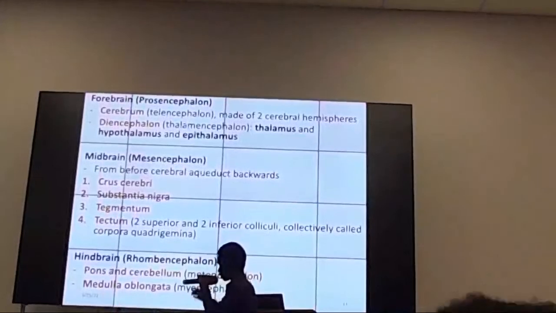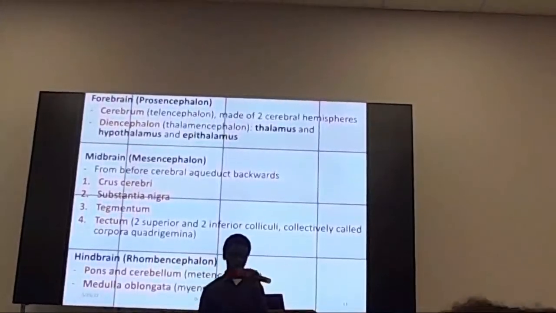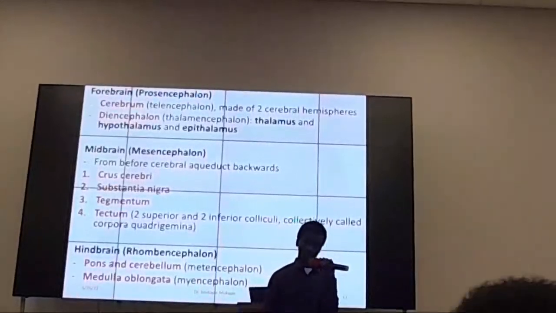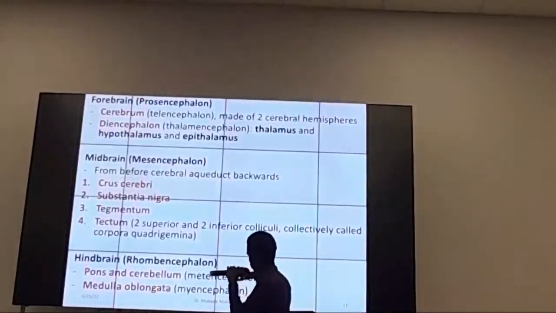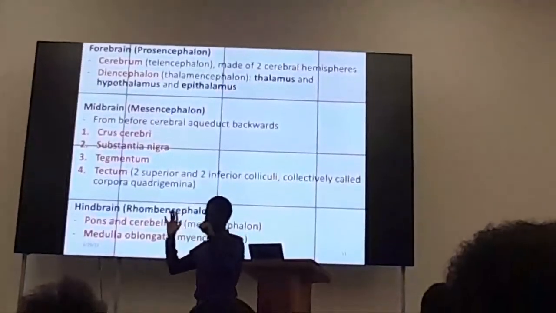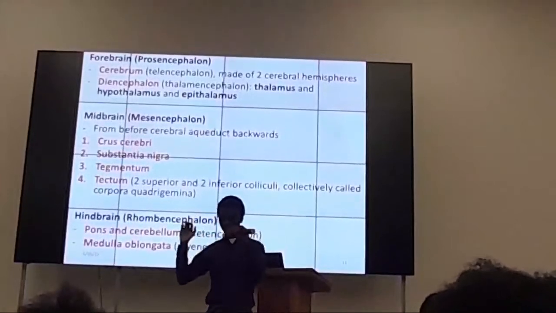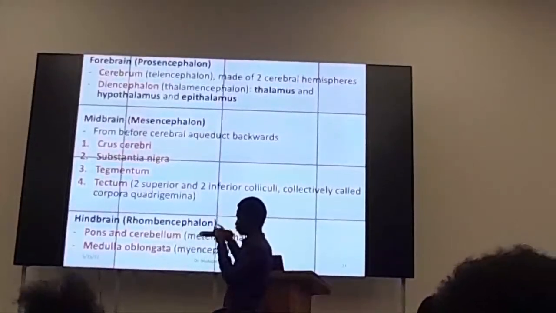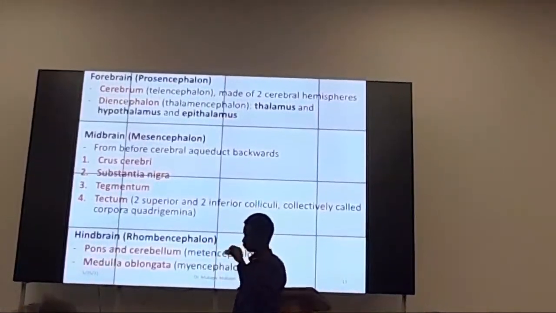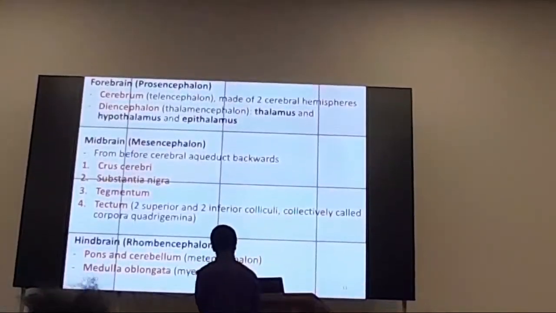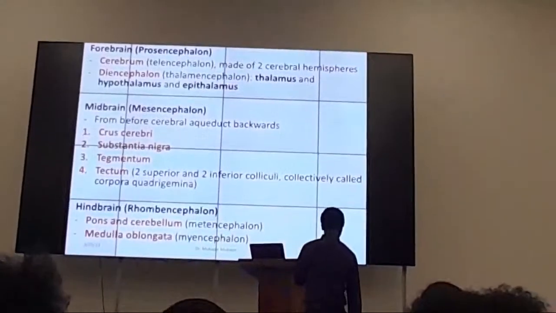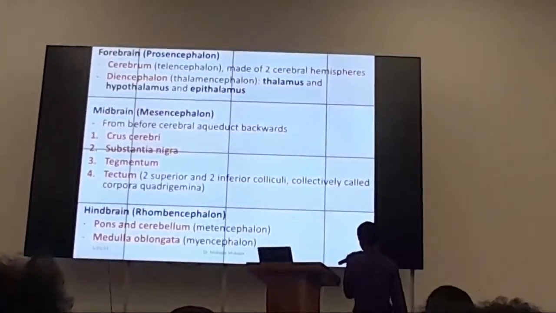And then we have tectum, which has 4 structures: 2 superior colliculi and 2 inferior colliculi. They make up the tectum. The inferior colliculi have pathways to the ear. The superior colliculi have pathways to the eyes. So superior to the eyes, inferior to the ears. They are collectively termed corpora quadrigemina.